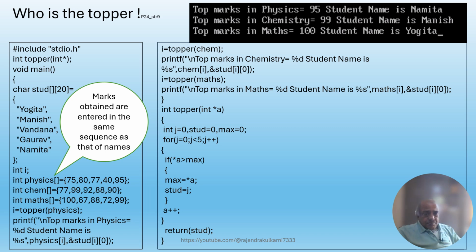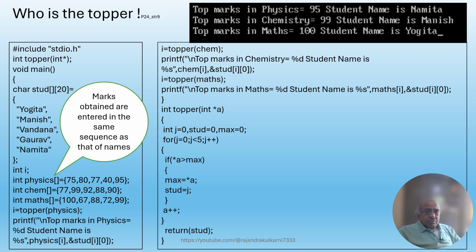So in chem, 99 is the highest marks, and the student name is Manish. So this is element number 1 of array chem, which has the maximum value amongst all the elements, and that element number 1 also corresponds to element number 1 of stud, which contains the 1D string Manish, which is displayed here by the printf statements.